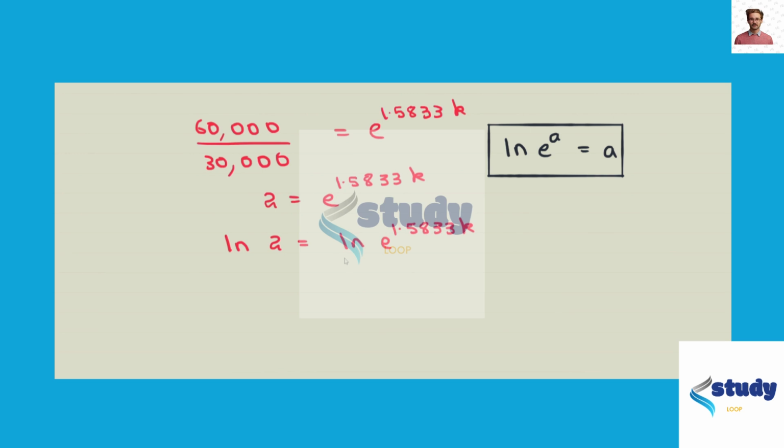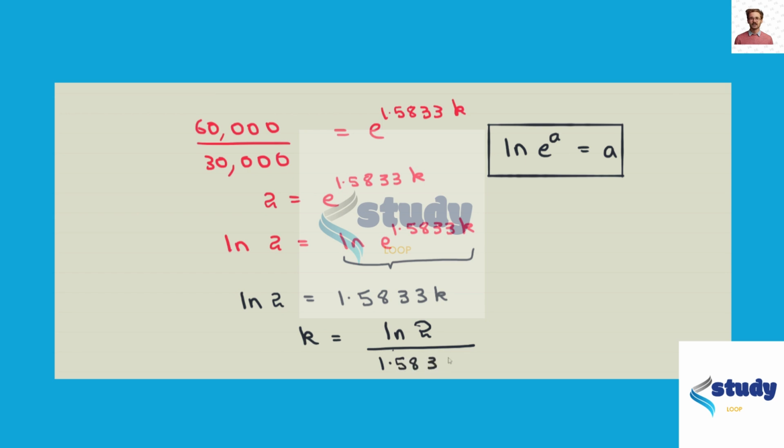Similarly, the natural log of e to the power of 1.5833k is equal to 1.5833 times k. So k is equal to the natural log of 2 divided by 1.5833.